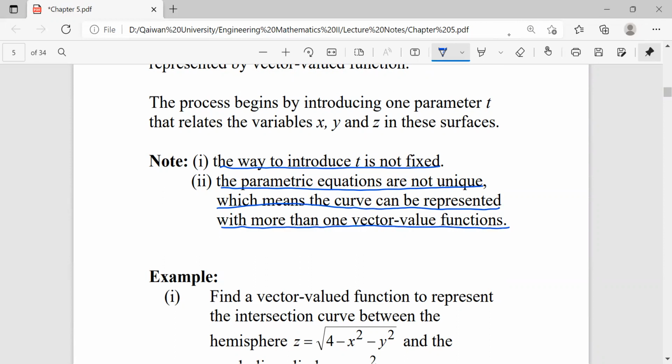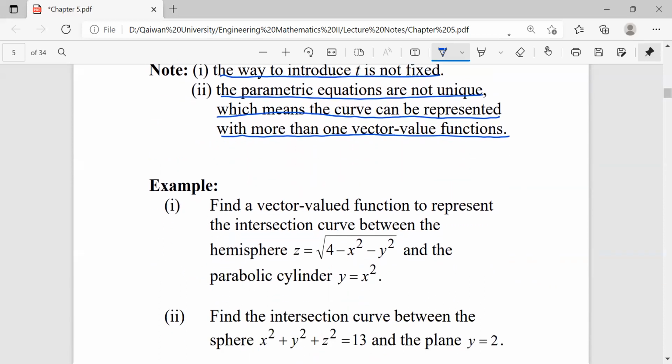So the curve, which is the intersection of a plane and a surface, could be represented by more than one vector valued function. If in the exam you want to find the intersection line or curve of a surface with a plane, each of you may get different answers. All of them are true.